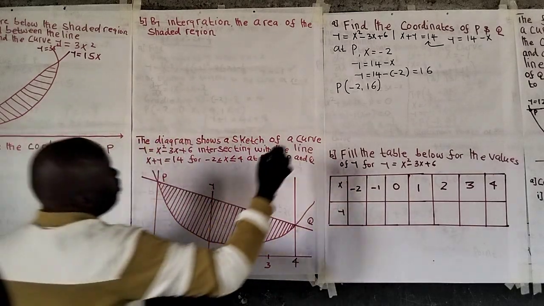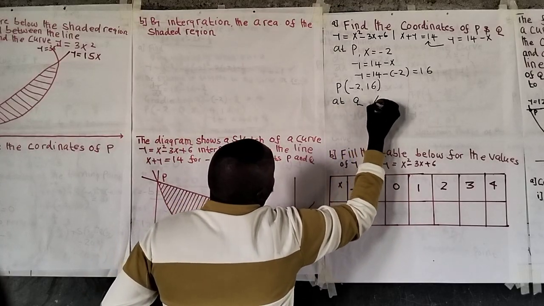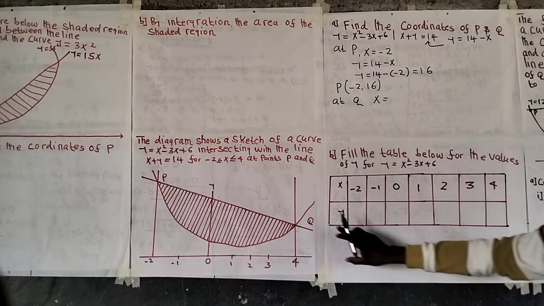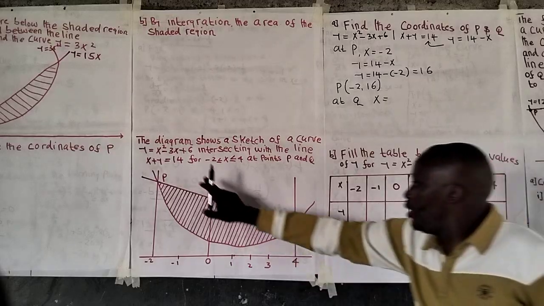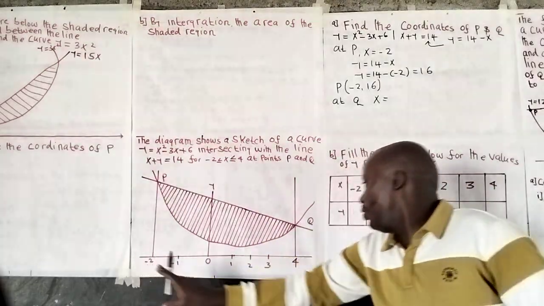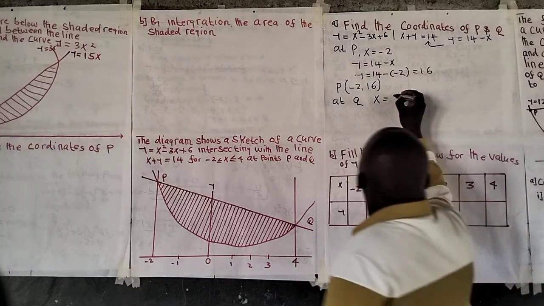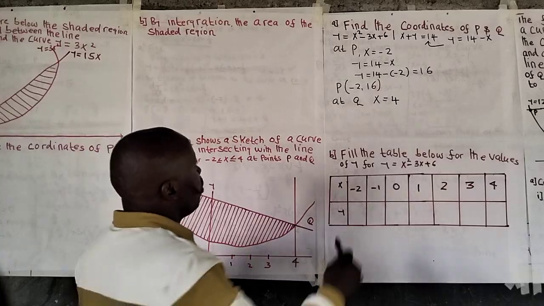At Q we can also do the same. At Q, what is the value of x? When you look at the screen, at Q the value of x is equal to 4. At P the value of x is -2, at Q the value of x is 4.